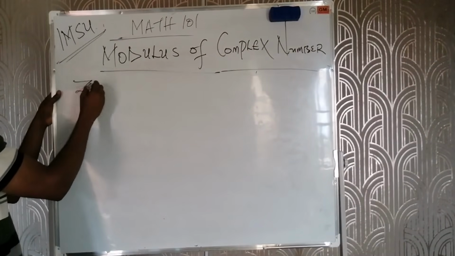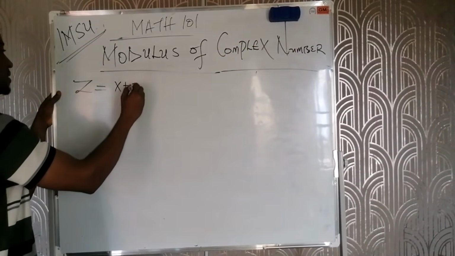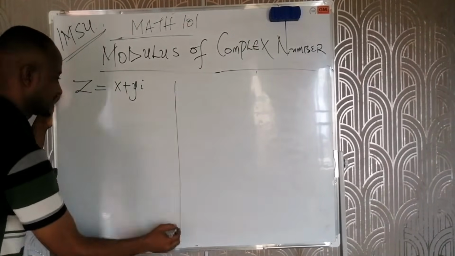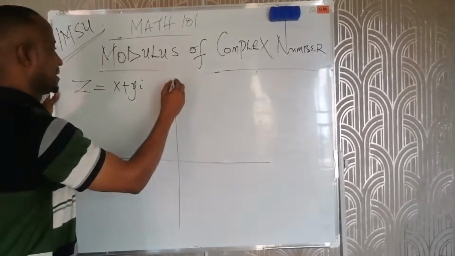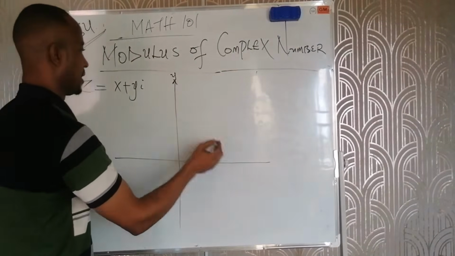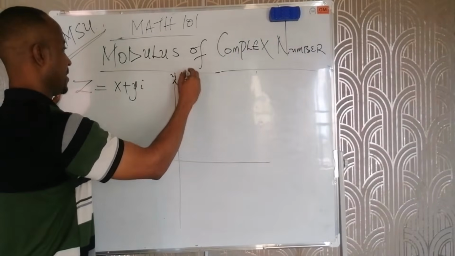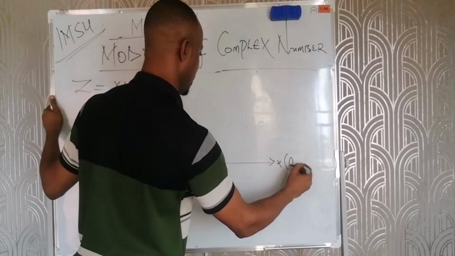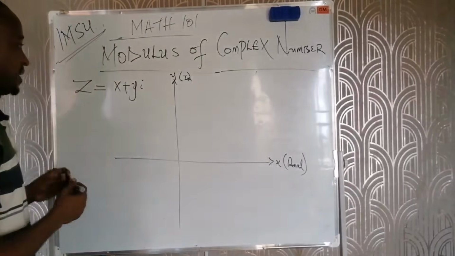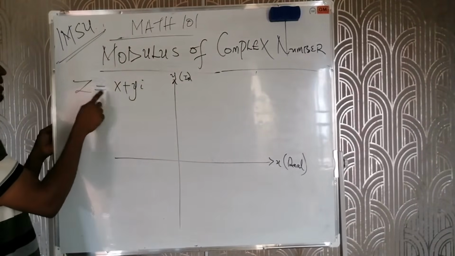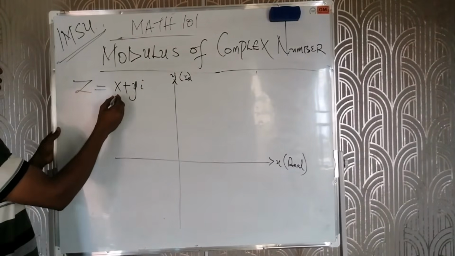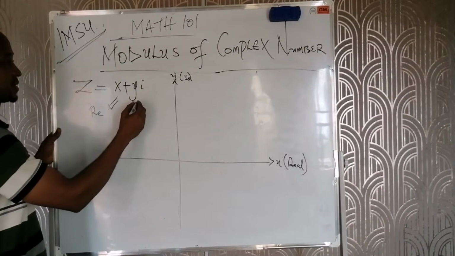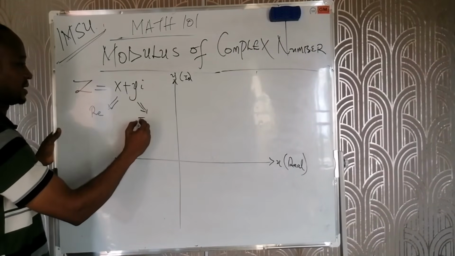If we are saying that z equals x plus yi, meaning that in the Cartesian diagram, the y-axis represents the imaginary part, while the x-axis represents what? The real part, right? Generally a complex number is z equals x plus yi, where x represents the real part and y represents the imaginary.